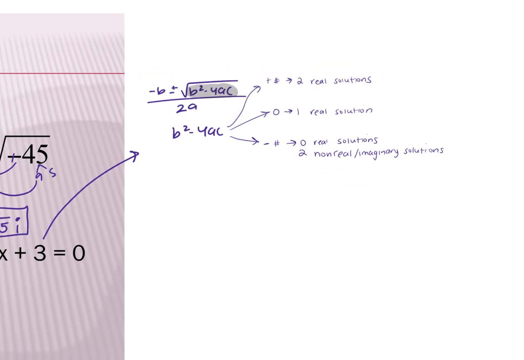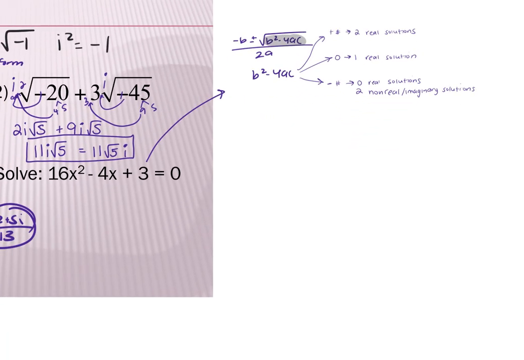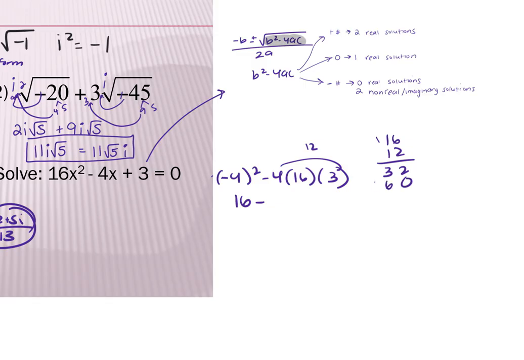So if I just looked at this example and started with that, b is negative 4, so negative 4 squared minus 4 times a times c is 16 minus, this is 12, and 12 times 16 is 192.